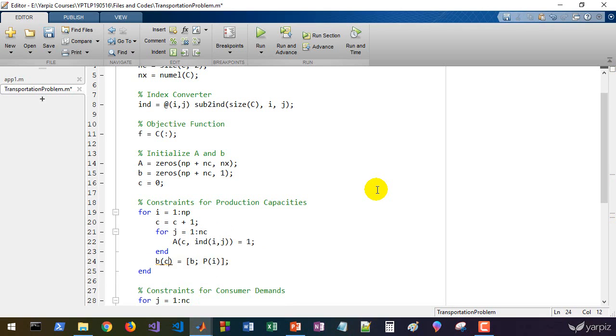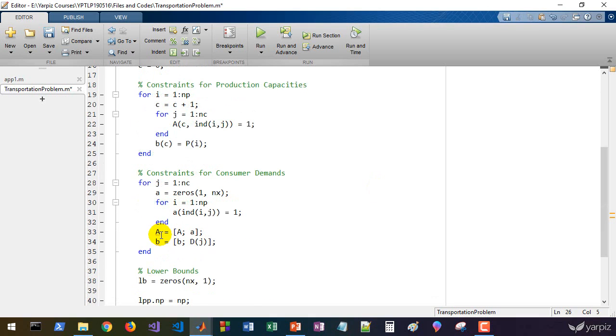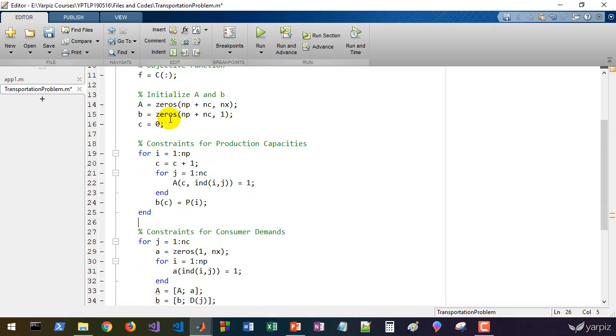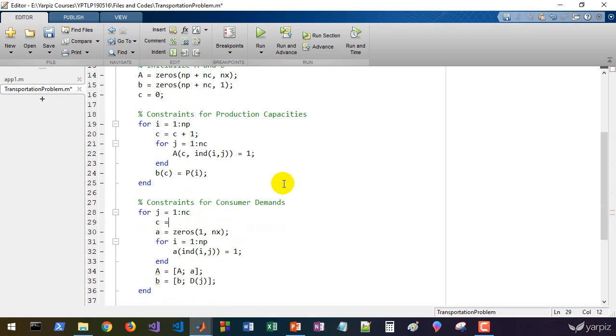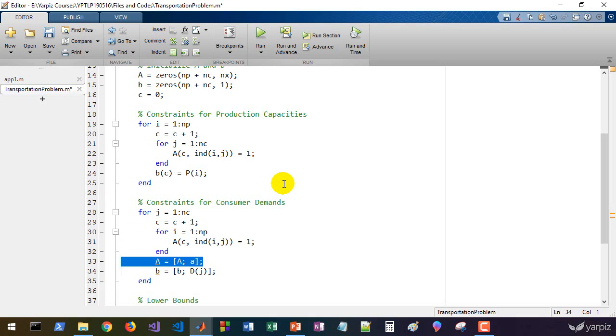And the B, the index c equals to pi. It makes the program faster, and it is a good idea to pre-allocate all of our matrices. And we just need to increment the counter here as well, and A for this row and the related index, and we don't need this, and the B number C is DJ.